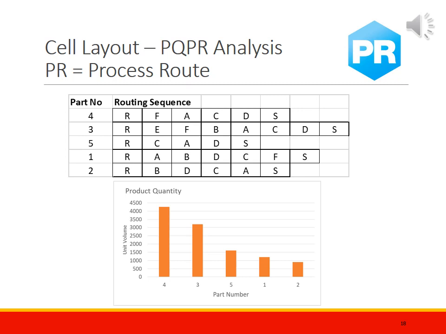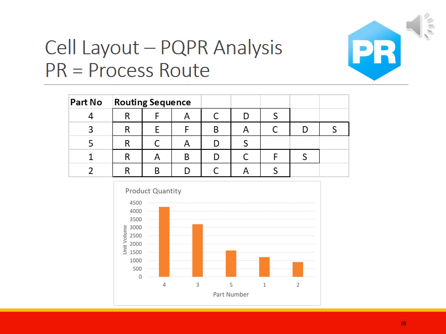So we're looking again at the process routing, and I'm laying on top of this, that's the top, the sequence, and now we're laying on top of it, basically, the product quantity. So we begin to see number 4 and number 3. I've rearranged the spreadsheet thing there, the cells, whatever you want to call them, my little diagram.